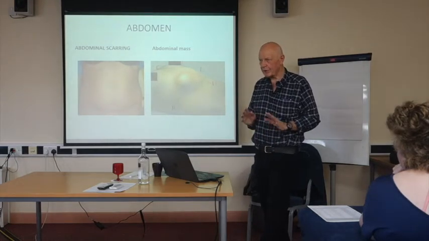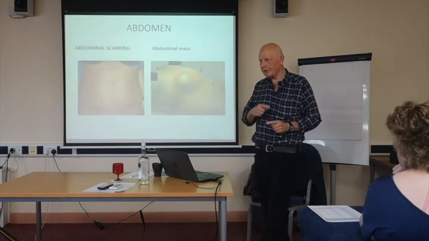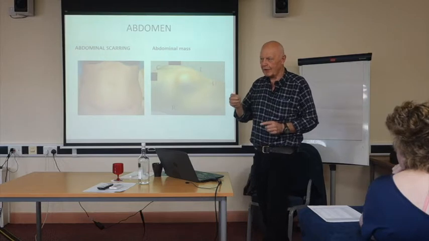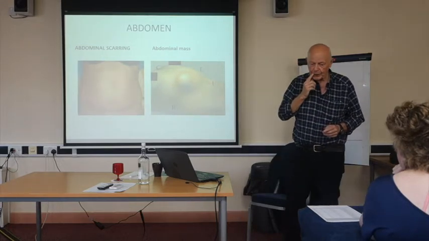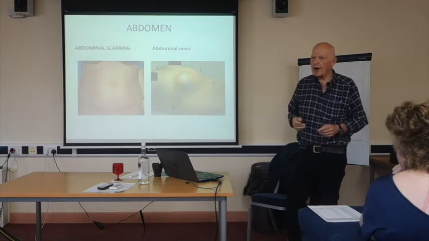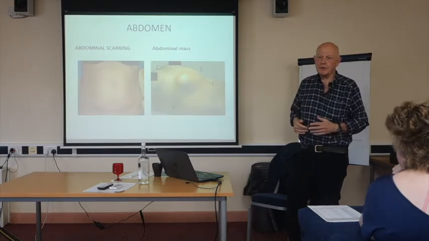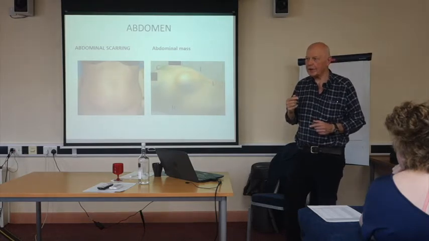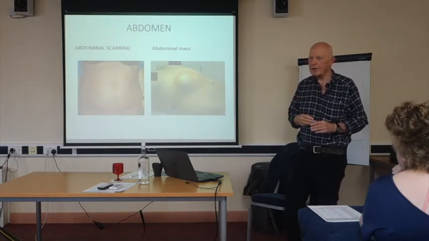They did some tests, couldn't find anything, but they referred her for some more tests. They didn't find anything. The third series of tests found that she had lymphoma, and I think with hindsight, what I was feeling was an enlarged abdominal lymph node, but I didn't clock it at the time. I just knew that there was something there.